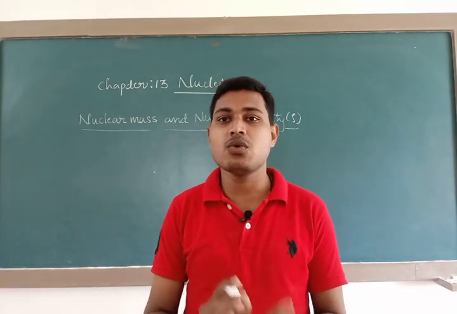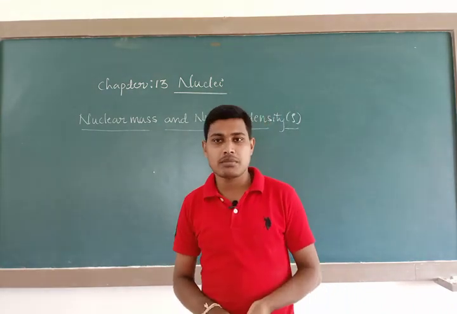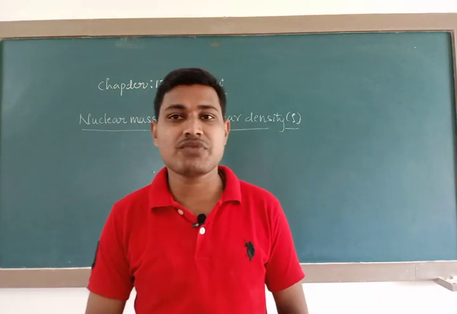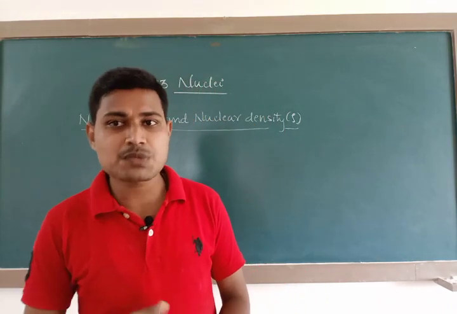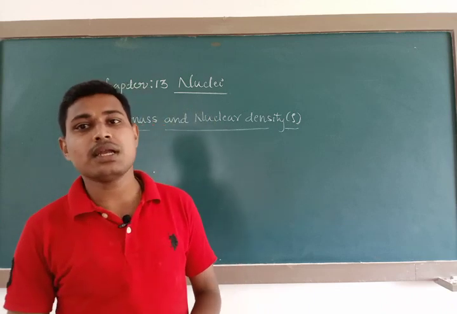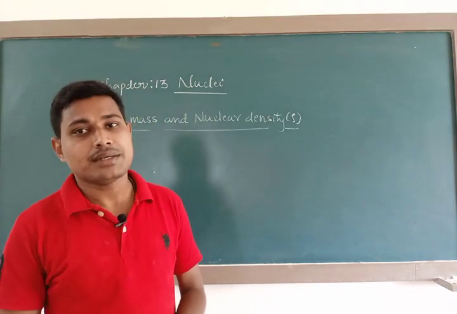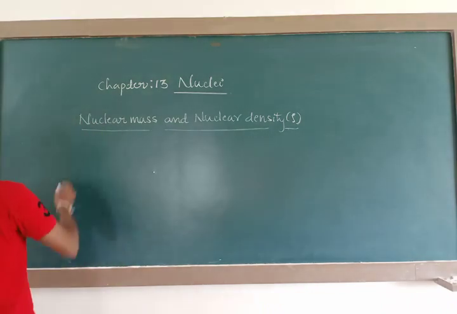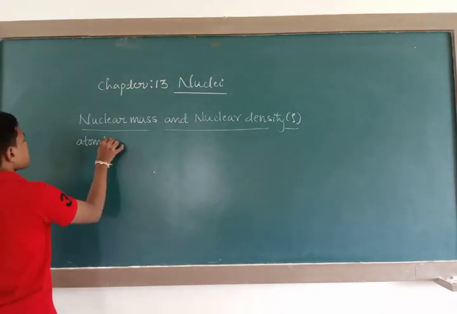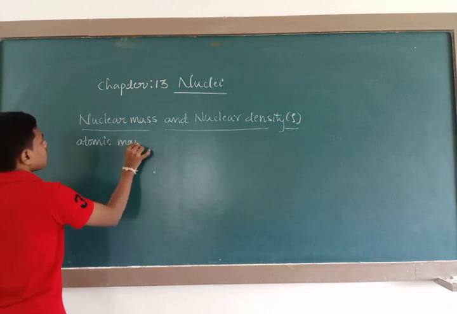The mass of the nucleus is the nuclear mass, and we can express it in kg also, but more specifically we express it in terms of atomic mass unit. So what is an atomic mass unit? We have a definition here.